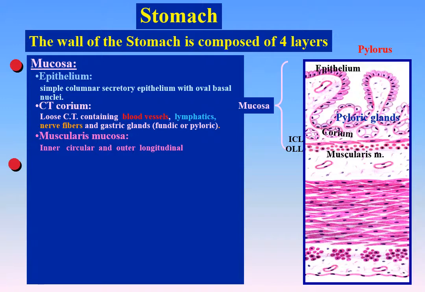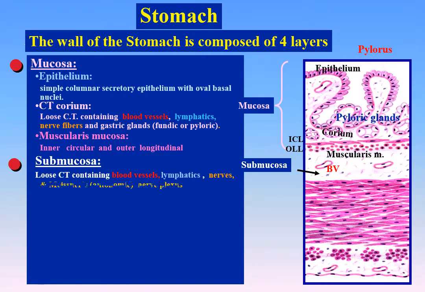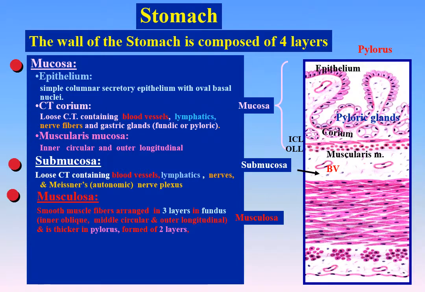Submucosa is a loose connective tissue containing blood vessels, lymphatics, nerve fibers, and Meissner's autonomic nerve plexus. Musculosa is smooth muscle fibers arranged in 3 layers in the fundus: inner oblique, middle circular, and outer longitudinal, and is thicker in the pylorus, formed of 2 layers: inner circular, which is thick to form the pyloric sphincter, and outer longitudinal.